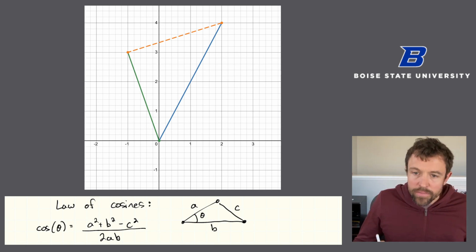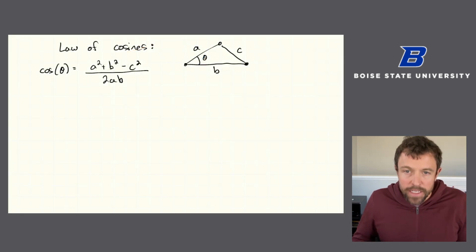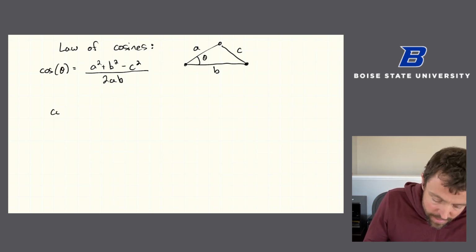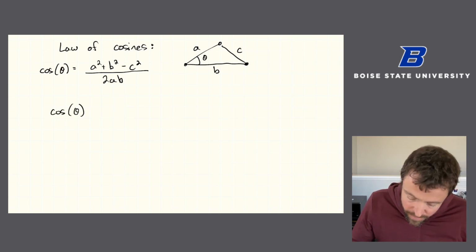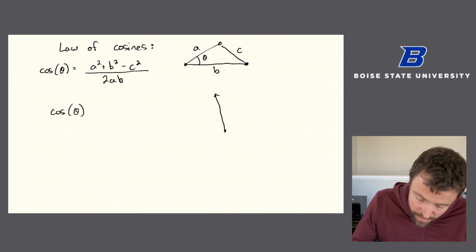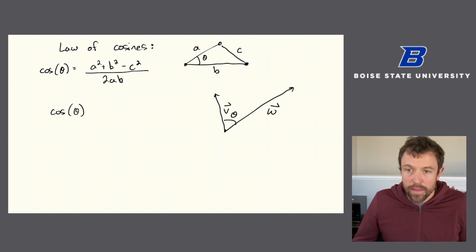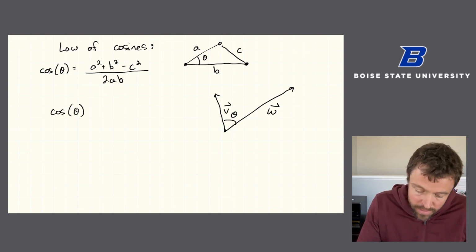But in terms of vectors, what the law of cosines tells us, and let's flip away from the picture so that we have a little more space, is that if we have a vector v and a vector w, and we want to know the angle between them, theta, let's clean this up a little.